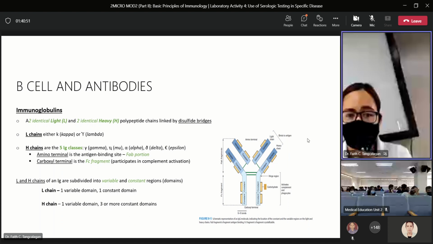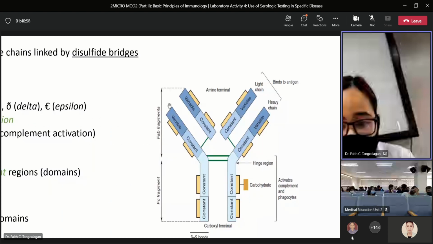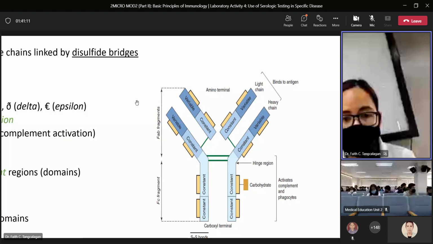You see the amino terminal portion of the light chain, this one here. Can you recall your chemistry now? Just try to remember that the amino terminal is the one distal to this structure, here at the end, while your carboxyl end is more proximal, toward the base.